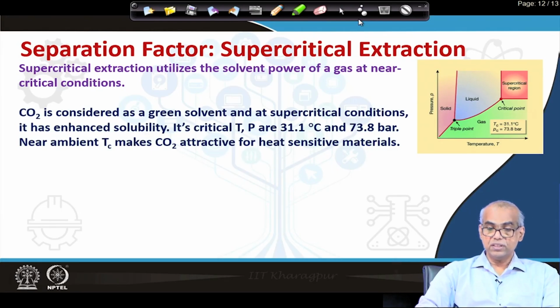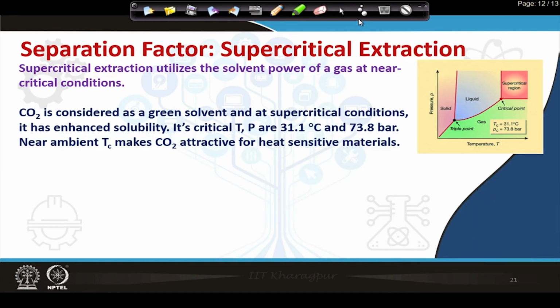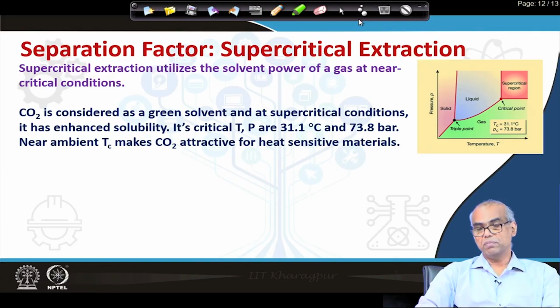Its critical temperature is 31.1 degrees Celsius and critical pressure is 73.8 bar. So, you notice that the critical temperature is very near to ambient temperature, and this makes carbon dioxide a very attractive solvent under supercritical conditions for heat sensitive materials.